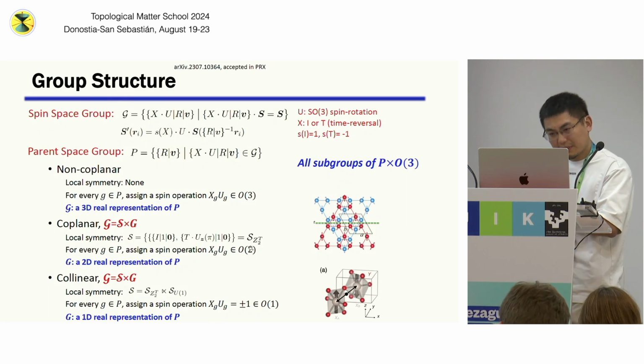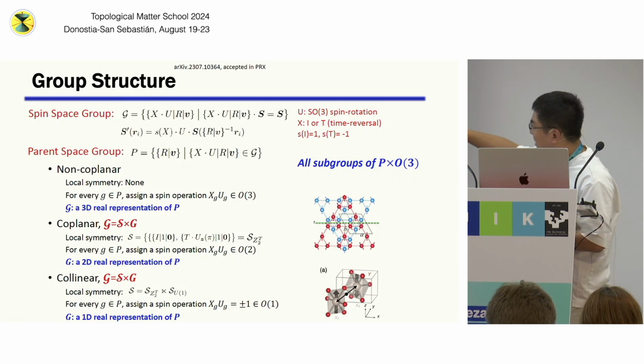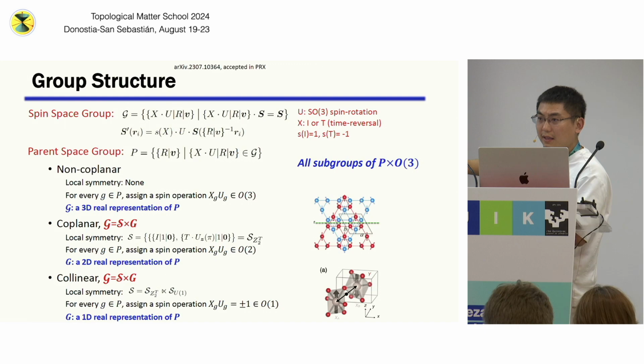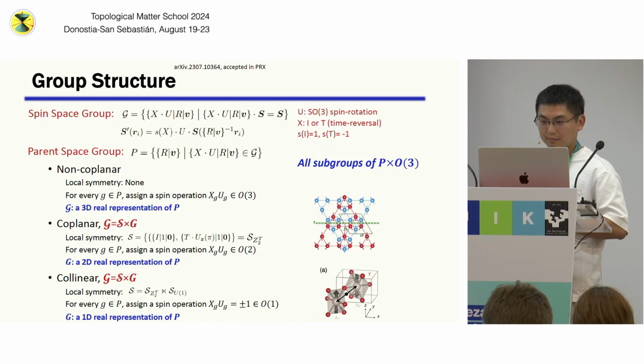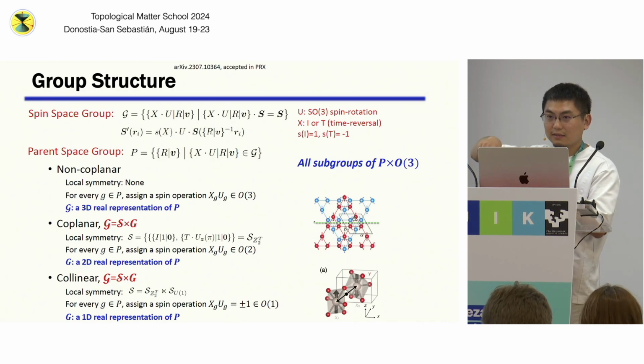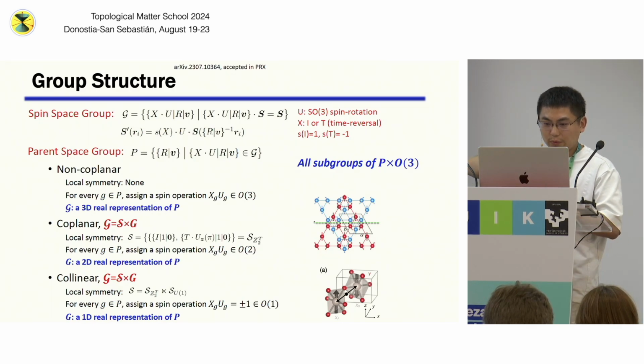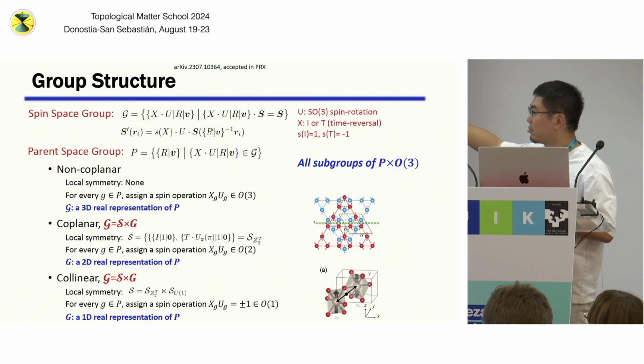For example, sometimes the magnetic moments may locate in some plane. So in this case, we see the magnetic structure is coplanar, but they are not collinear. So in this case, all these vectors are in a plane. So we only need to find the 2x2 matrix to rotate this for the spin operations, right?